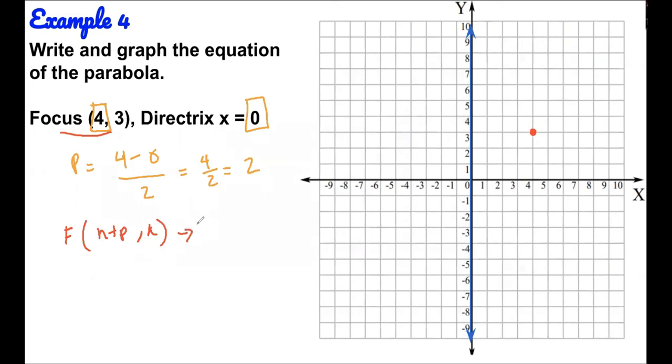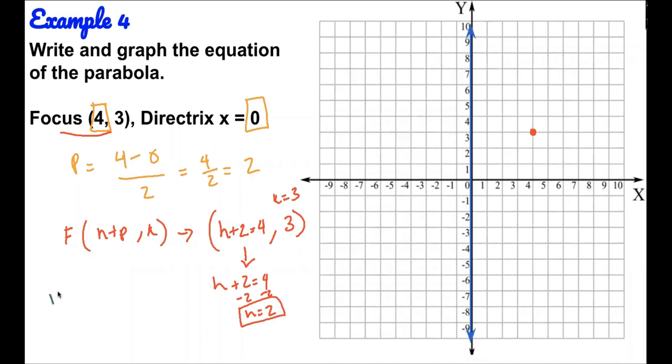So h plus p, we already know p is 2, so h plus 2 equals 4, and my k value is the same as the focus, 3. Let's solve for h. Subtract 2 on both sides. We get h equals positive 2. K, we already know it's 3. Therefore, our vertex is (2, 3).